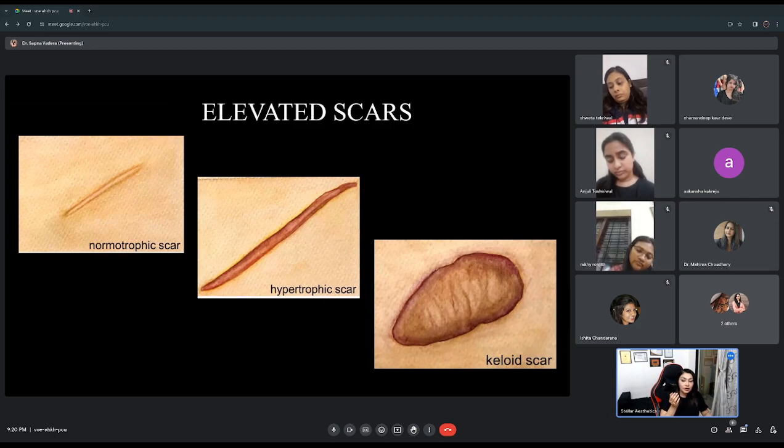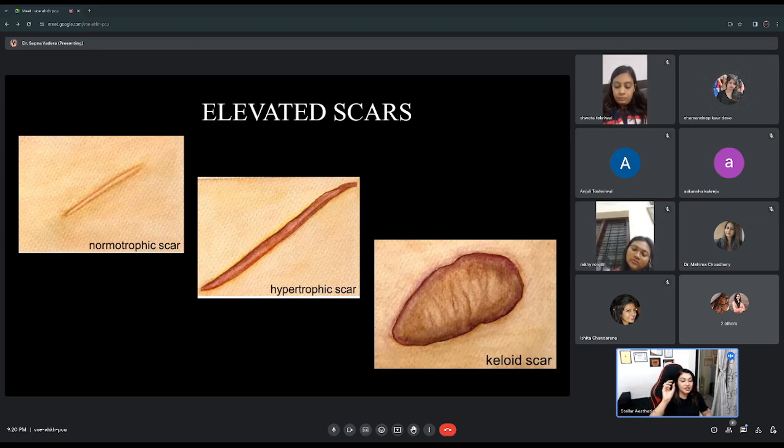Okay? If the scar is a keloid scar, the treatment changes. Number one, you will have to shrink the scar. But you can only touch a keloid scar if it has been stable in the same position for more than 6 months, because keloid has a tendency of growing day by day.